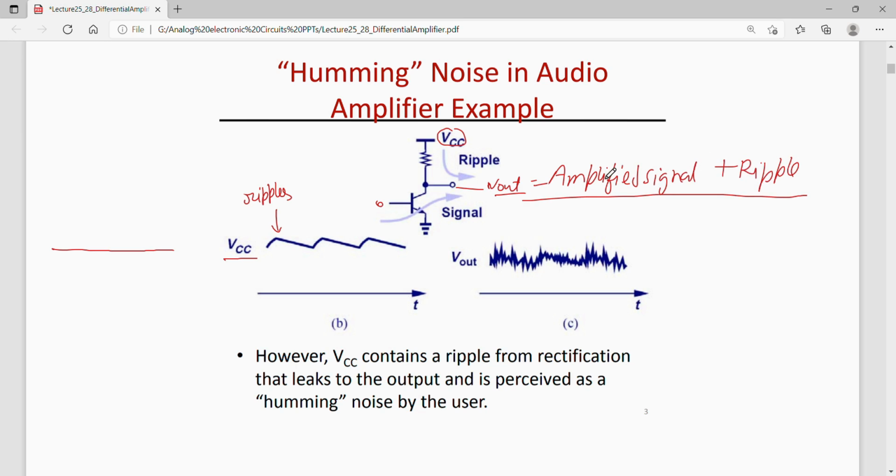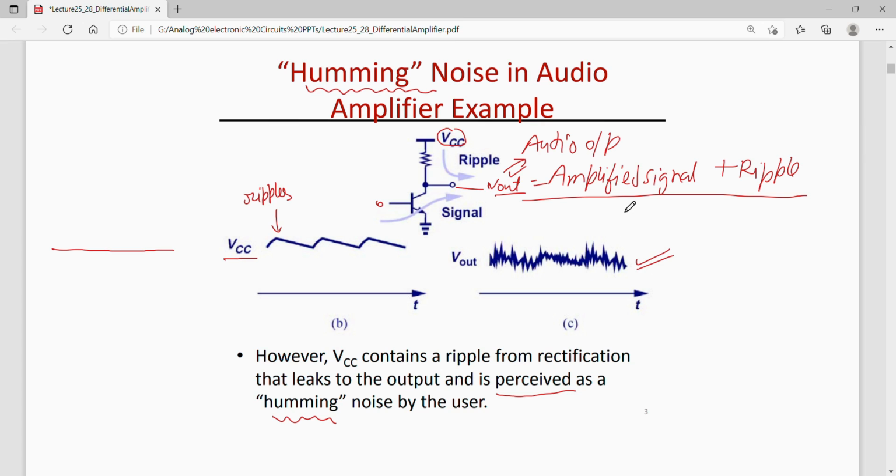Now this ripple in the output is heard as a humming noise in the audio output, right? So the user will perceive this ripple as a humming noise. Nobody likes a humming noise in the audio signal. We want the audio signal to be clean.